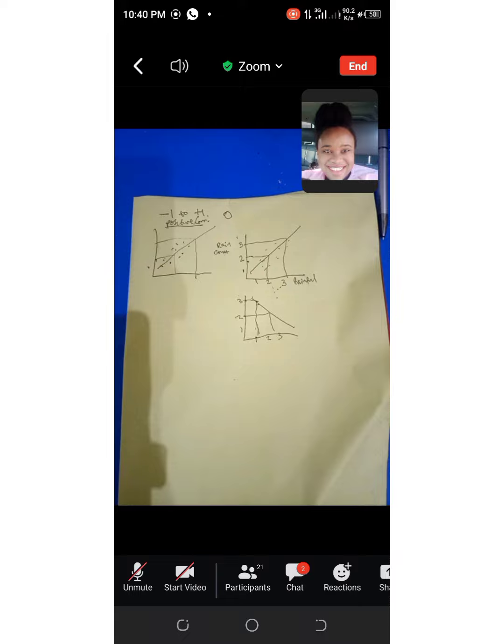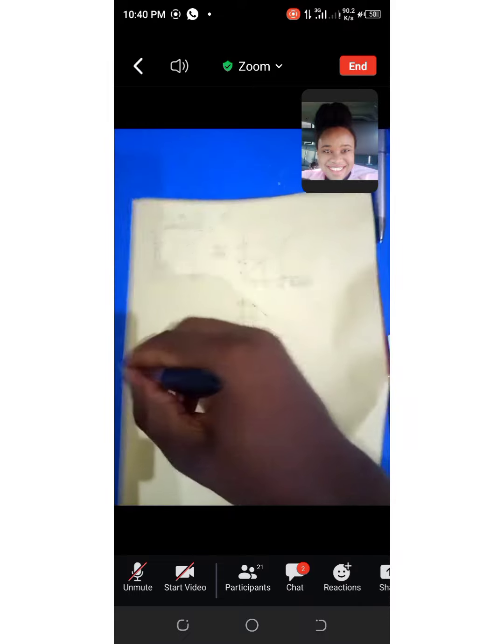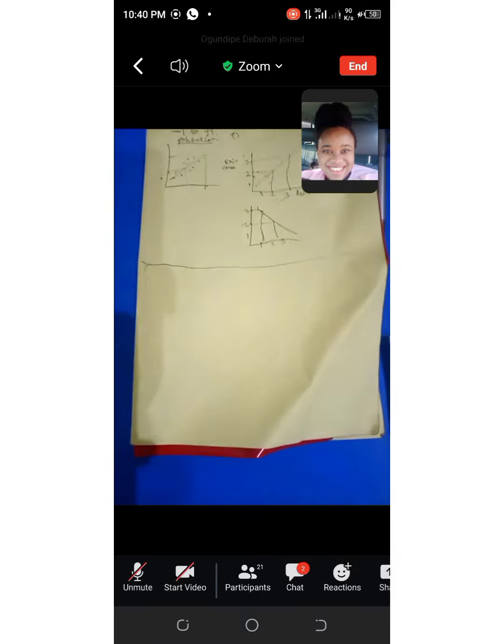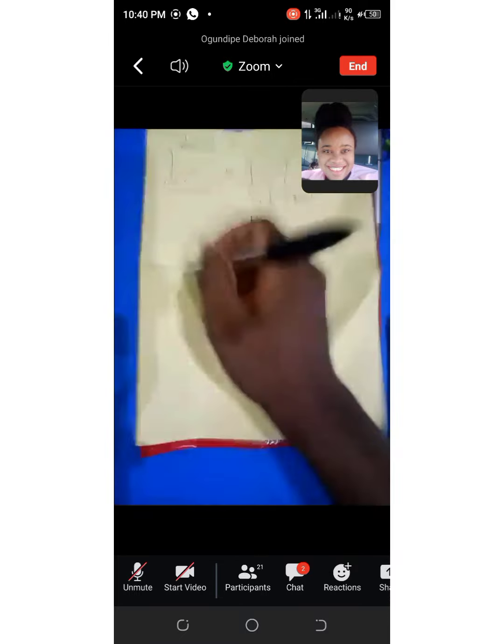Then let me just give a general overview to understand the positive and negative. Then we'll go straight to the calculation.